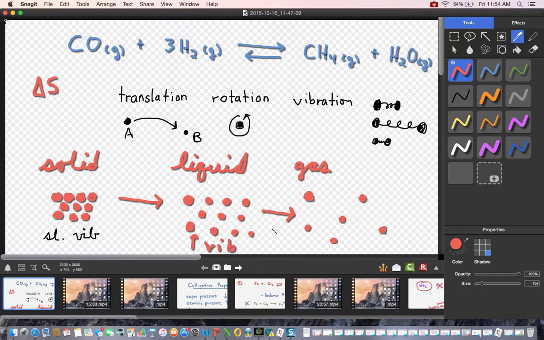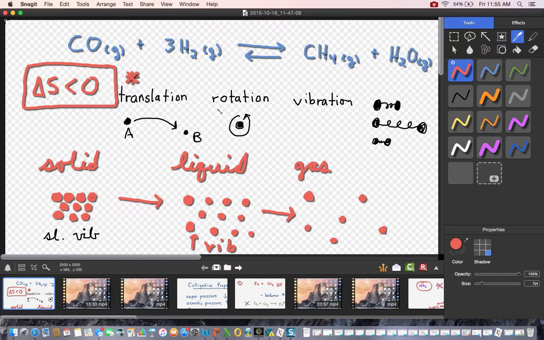It could be slightly positive, it could be slightly negative. When we look at this balanced chemical reaction, I have 2 moles of gas in products, I have 4 moles of gas in reactants. This delta S will be less than 0. So the first assessment that we can definitively make for this equation is that the delta S is less than 0.